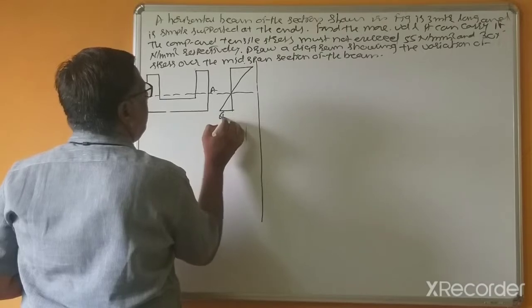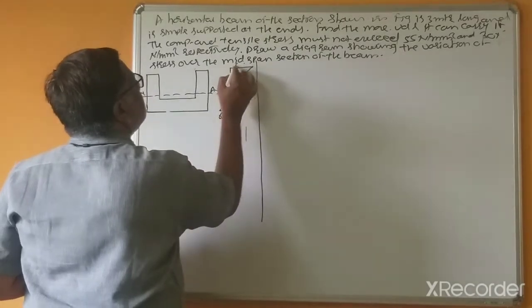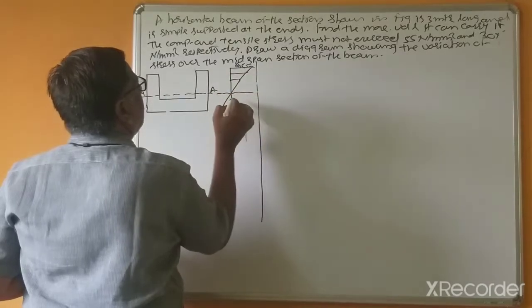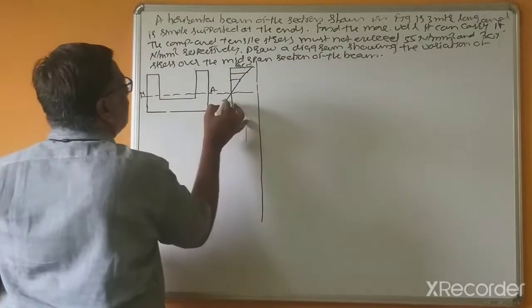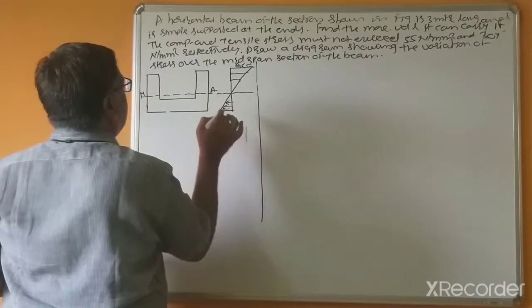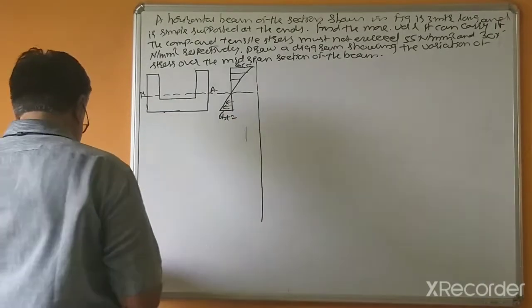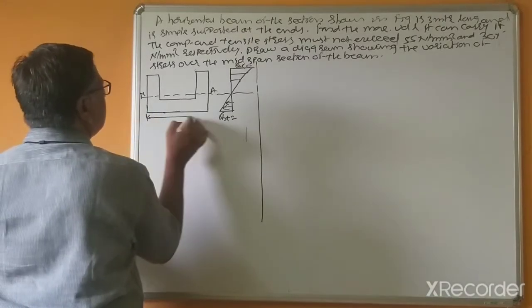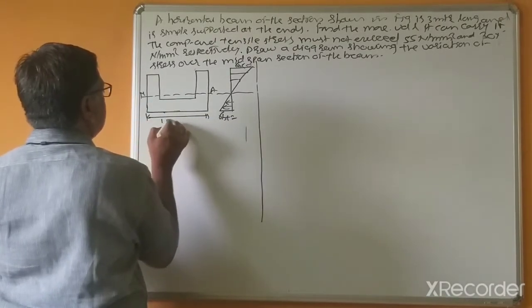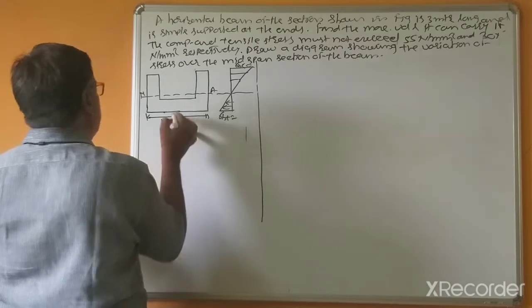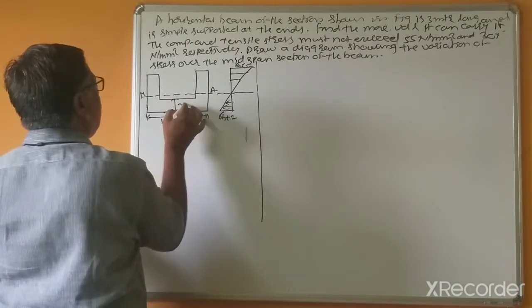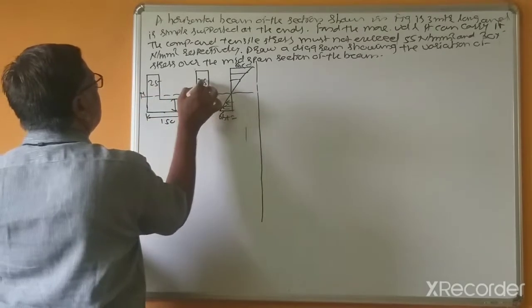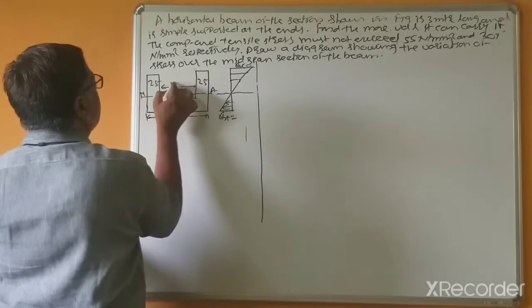So sigma BT, and this is sigma BC, equal to how much? This is 150. This is 25, this is 25, and this is 100.